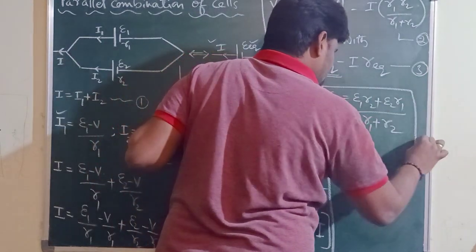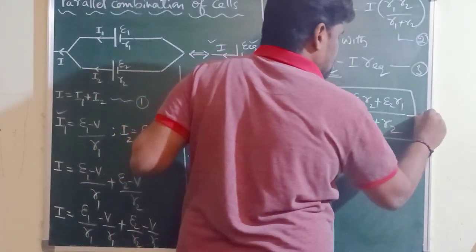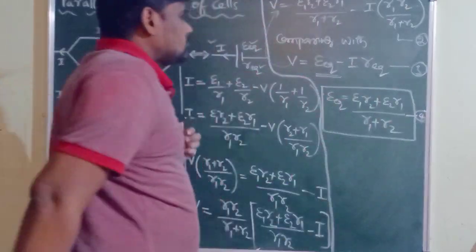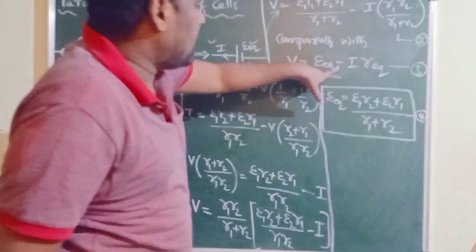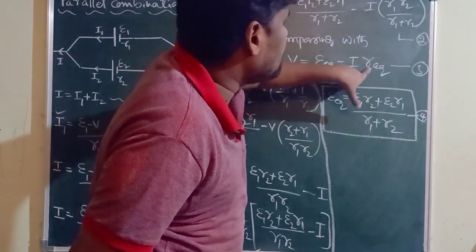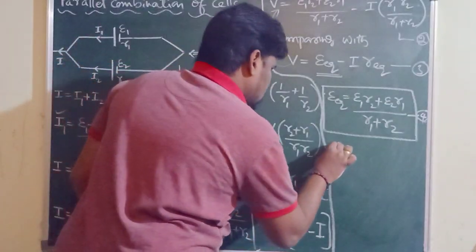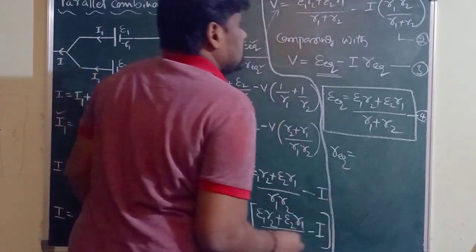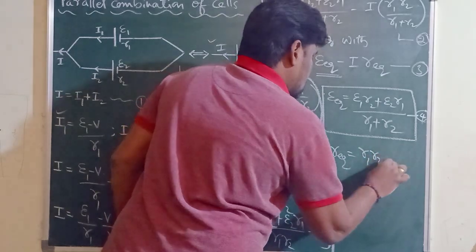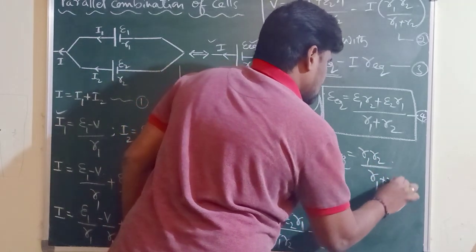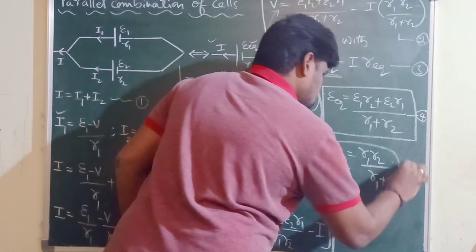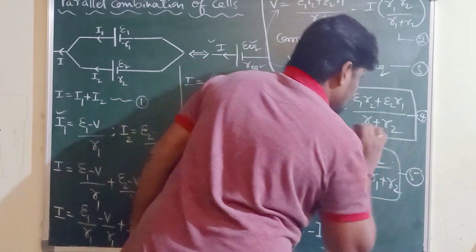This is the value of E equivalent. I will call this equation number 4. Okay. E equivalent minus I as it is, R equivalent. In the place of R equivalent, what do we have? R equivalent is given by R1 R2 divided by R1 plus R2. You can call this equation number 5.